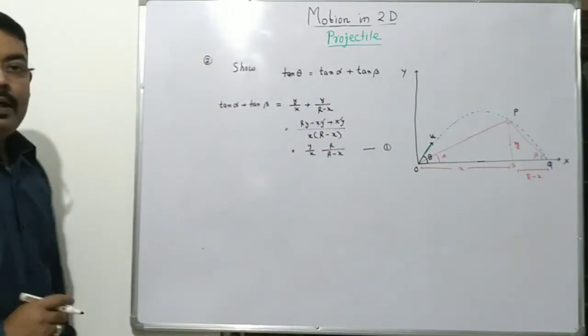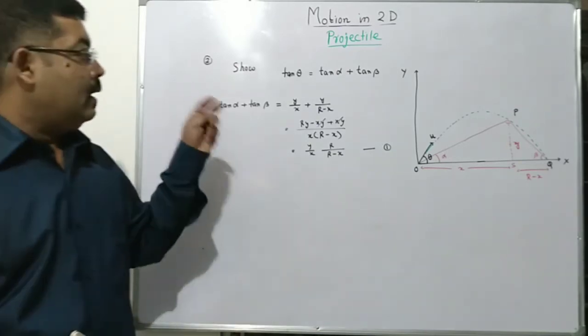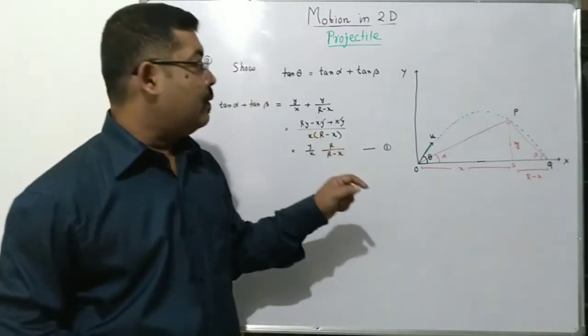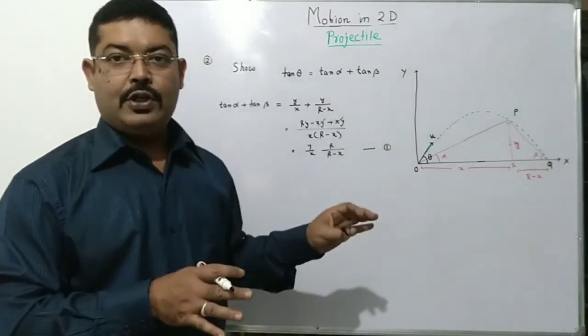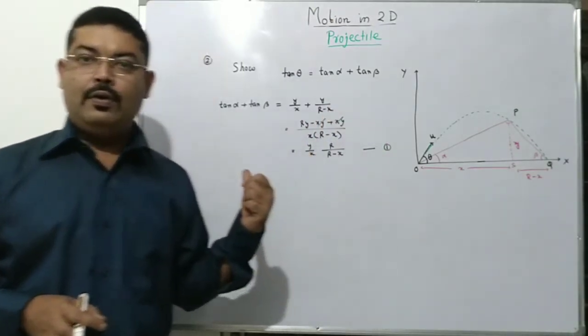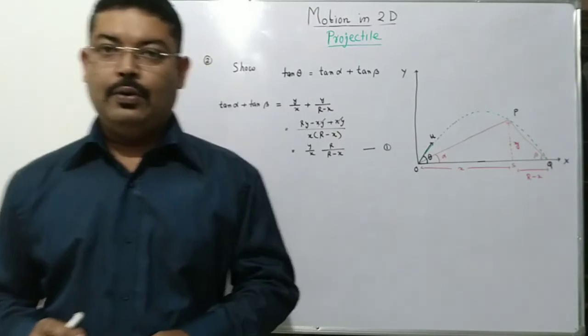Now, if you remember the equation of trajectory, in the last video I have already discussed and derived the equation of trajectory. If you haven't seen, please refer to the video. The link is given in the description below.